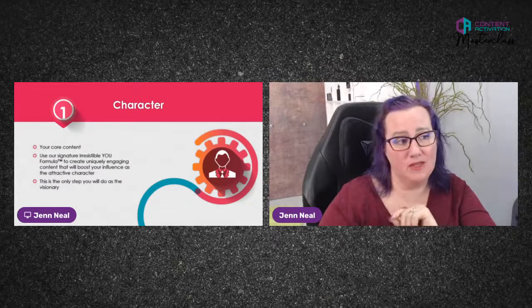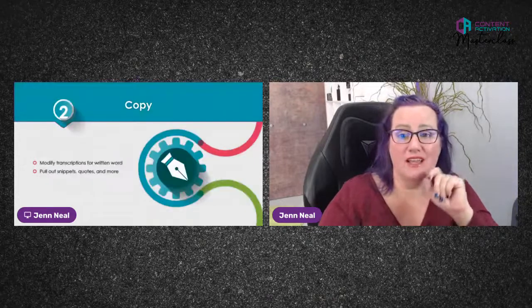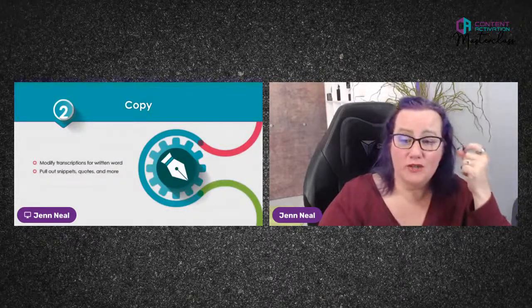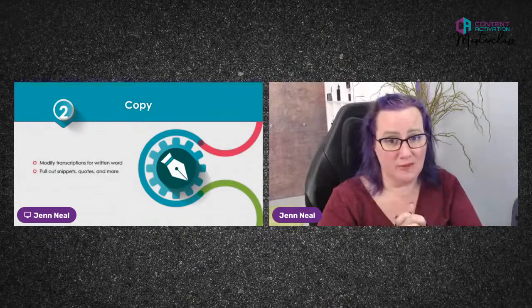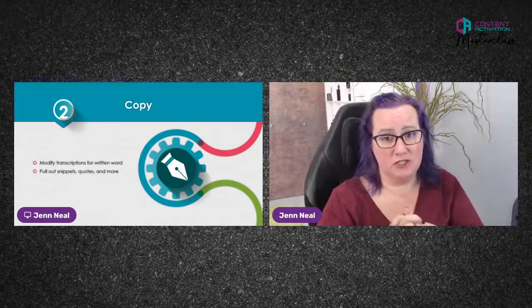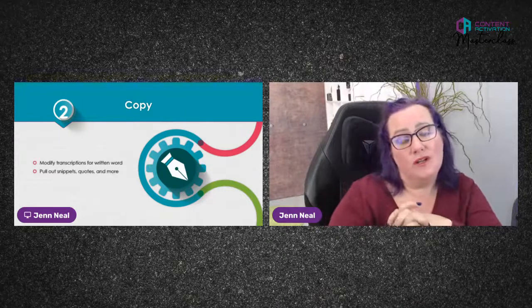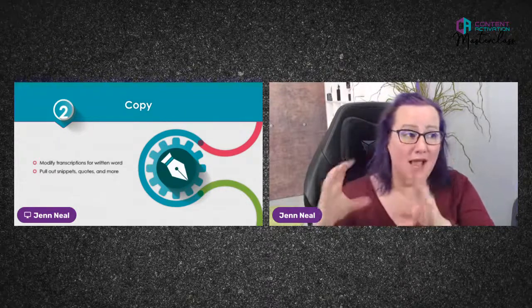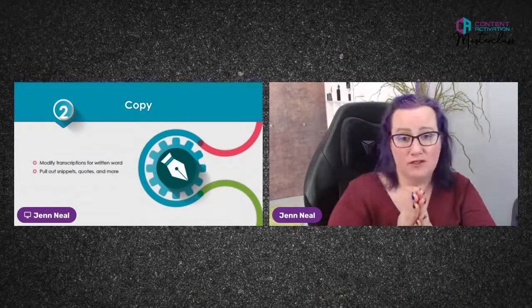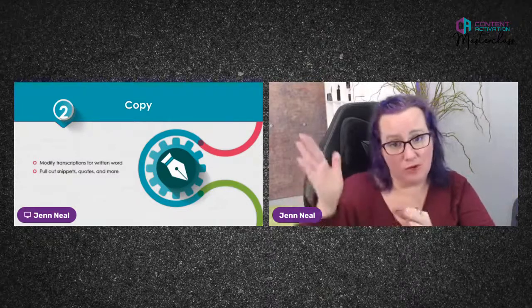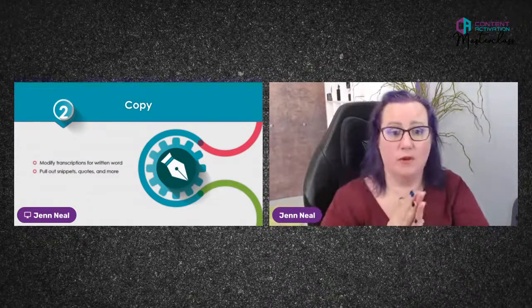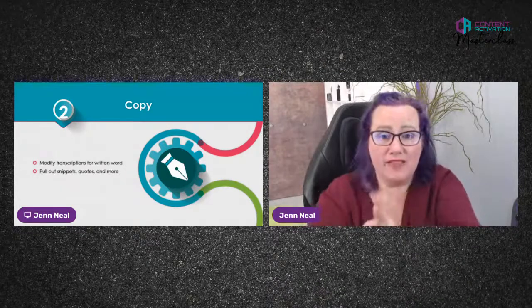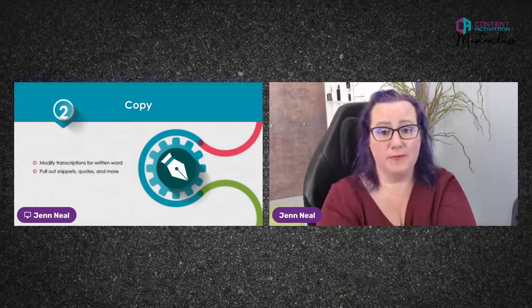So the very first step that we take for repurposing is we move into the copy step. Here is where it's super, super key, and this is what we teach in our program. We match up keywords that are in alignment with what Google says people are searching for when they're trying to find answers to the thing that you are talking about.